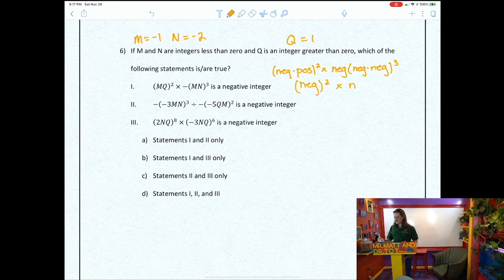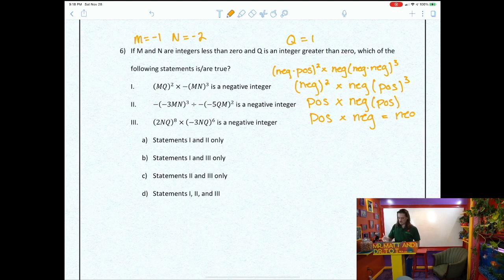A negative times a negative is positive, so it's going to be a positive cubed. A negative squared is positive because it's an even exponent. And then a positive cubed is positive. But a negative times a positive is still negative. So this is going to simplify to a positive times a negative, which has to be a negative product. So statement 1 is true.